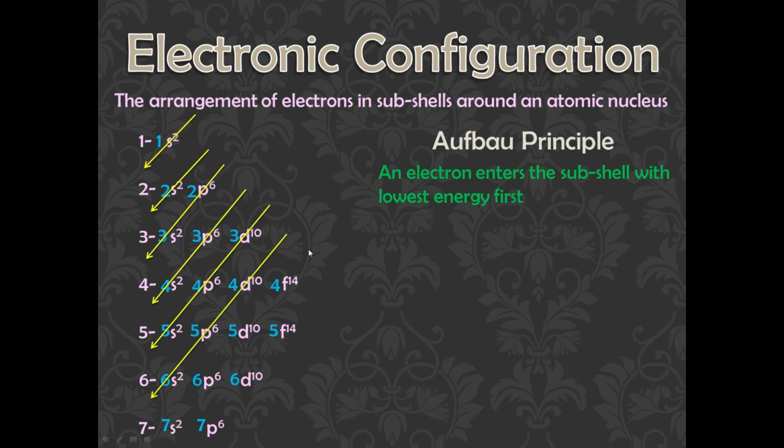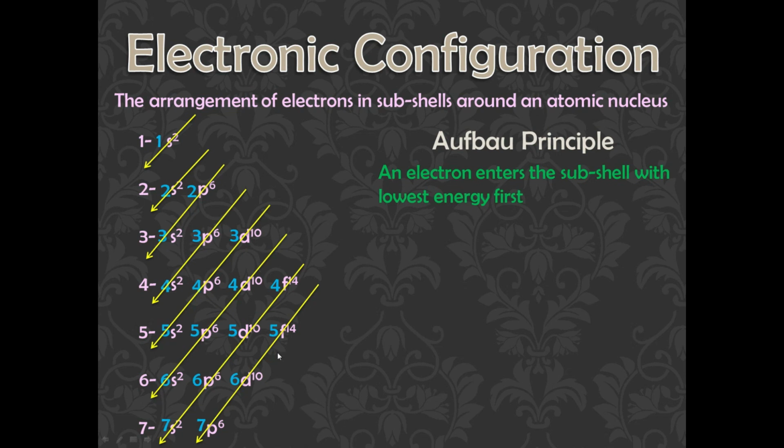Similarly, after 5s2, electron will be filled in 4d10, 5p6 and 6s2. Then in 4f14, 5d10, 6p6 and 7s2. Then electrons will be filled like this. So the direction of the arrows here are showing the filling sequence of electrons in subshells.